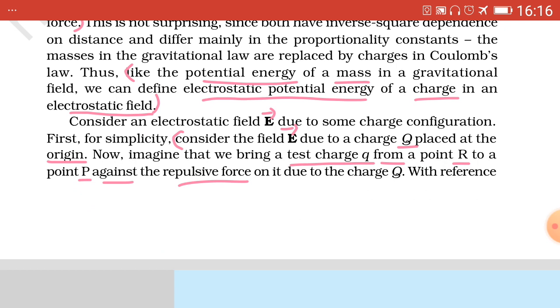Now we bring a test charge small q from a point R, that is capital R, to a point P, capital P, against the repulsive force on it, and this repulsive force is due to the charge capital Q.